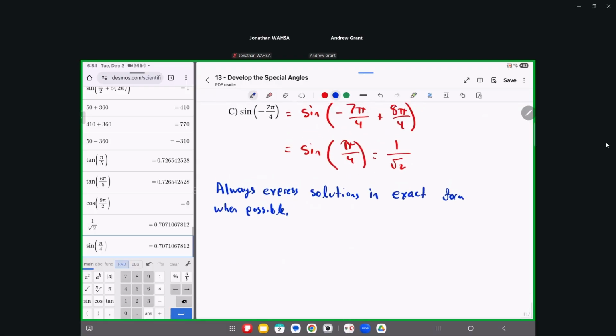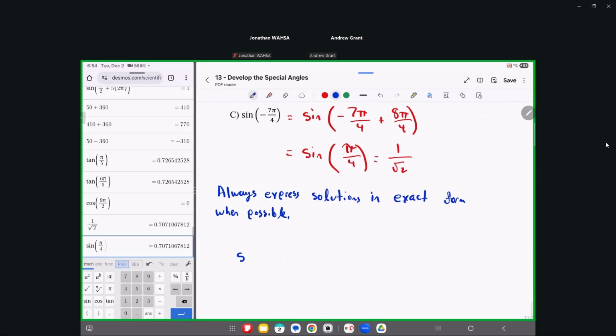Okay, so while it is correct to say that sine of pi over 4 is equal to 0.707, something, this would not get you a right answer if the question wanted you to write this in exact form. It's a numerical solution, which would be 1 over root 2. So when it's in exact form, that means it wants the fraction answer. Okay, don't write down the decimal.